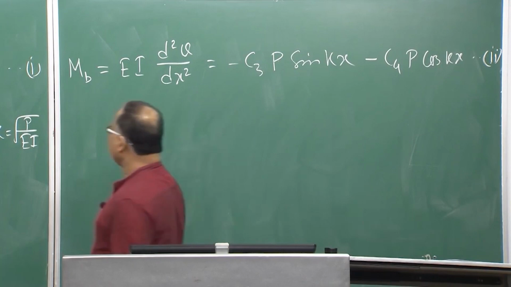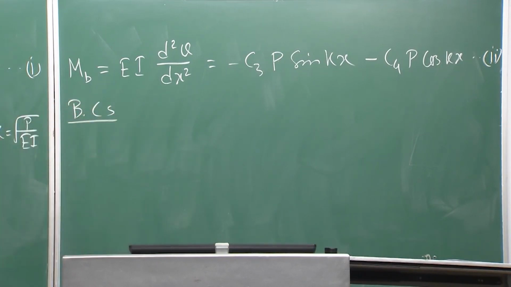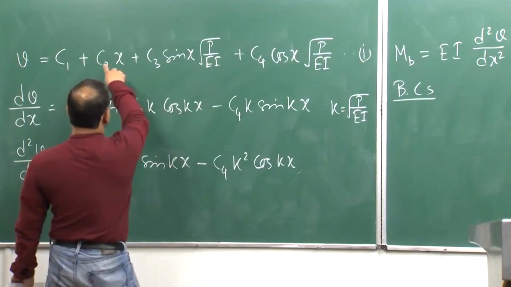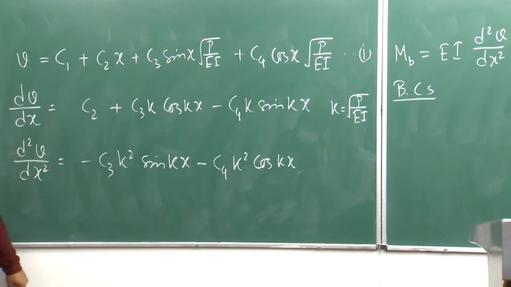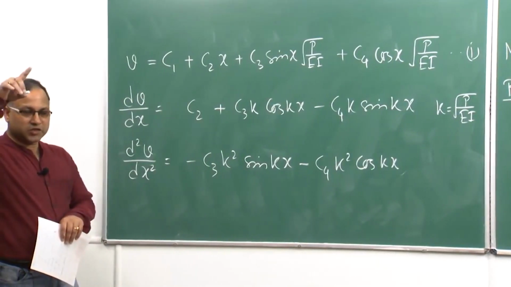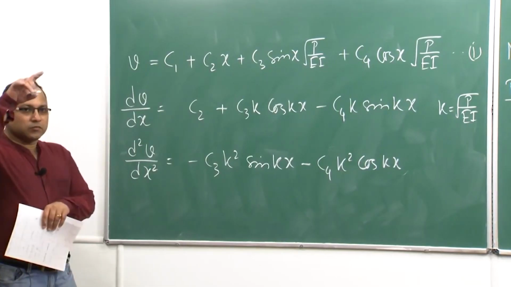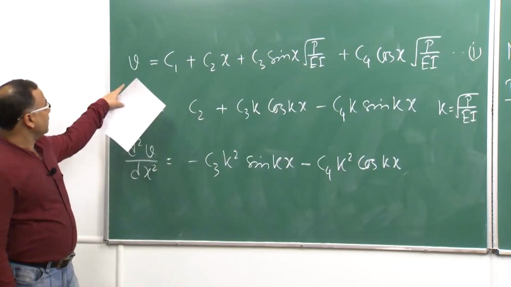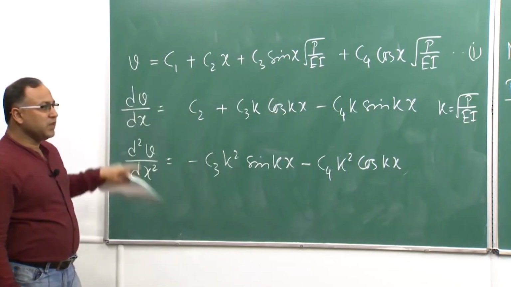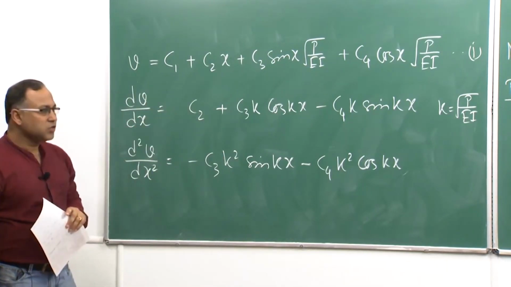Now, what are the boundary conditions? We have got two equations. One equation gives the deflection along the y direction, where y is the vertical direction and x is the horizontal direction; that deflection is v. The bending moment is given by equation 2.